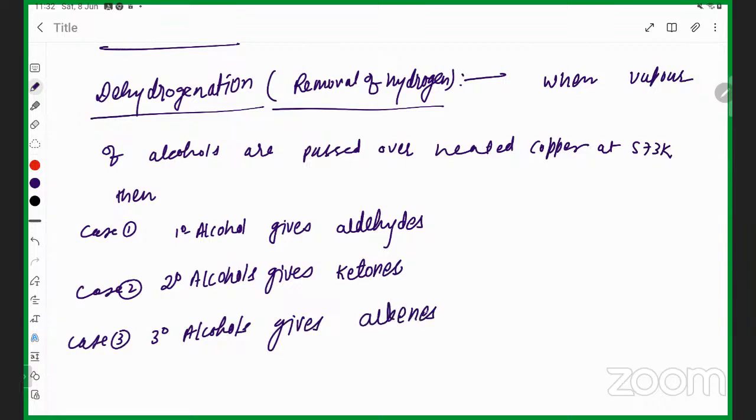So when you are passing the vapor of alcohol over heated copper, temperature 573 Kelvin, it will give the reaction like this. If I write RCH2OH, you have to pass the vapor over heated copper at 573 Kelvin. So it will give RCHO, and the hydrogen is lost as hydrogen gas.